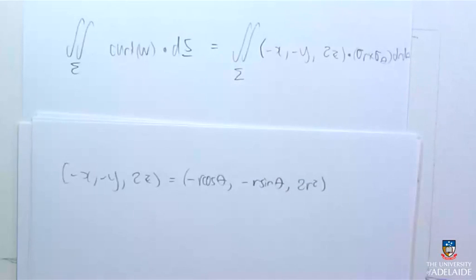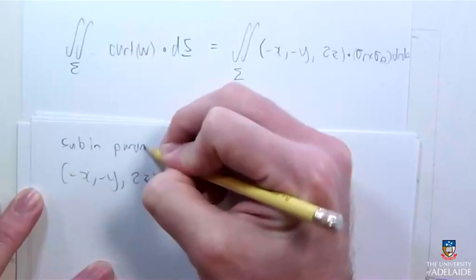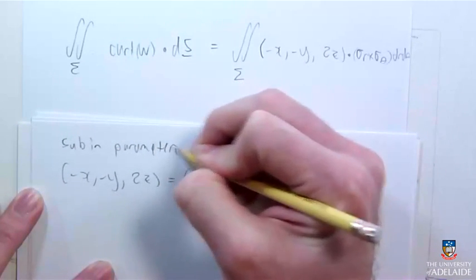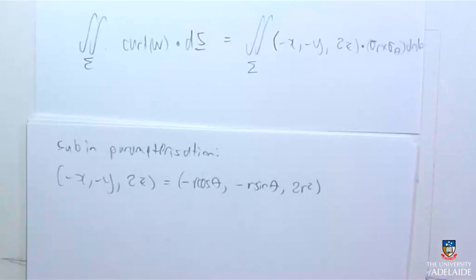Okay, I've subbed in the parameterization. And then I'm going to need to dot that with my sigma r cross sigma theta.